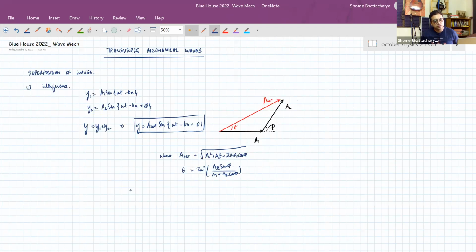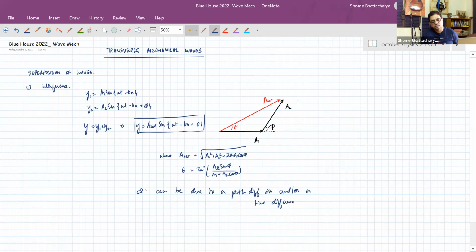Now we had also seen here that the phase difference phi can be due to a path difference, delta x, and or time difference, delta t.